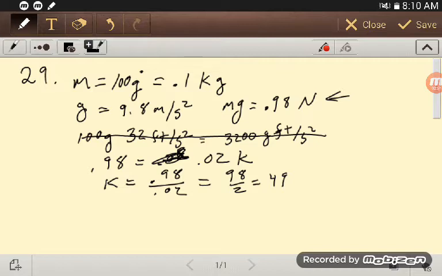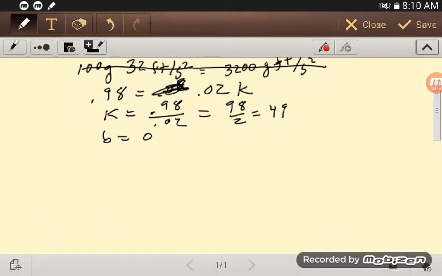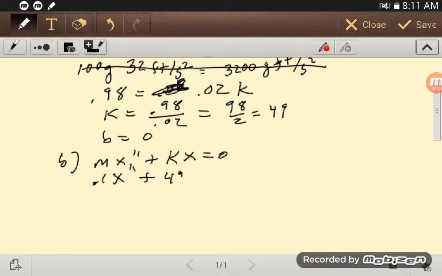And so we've got M is 0.1, K is 49, and then B, they say nothing about damping, so B is 0. And so to get this thing set up, for part B, you have your mx double prime plus kx equals 0, so we have 0.1 x double prime plus 49 x equals 0.